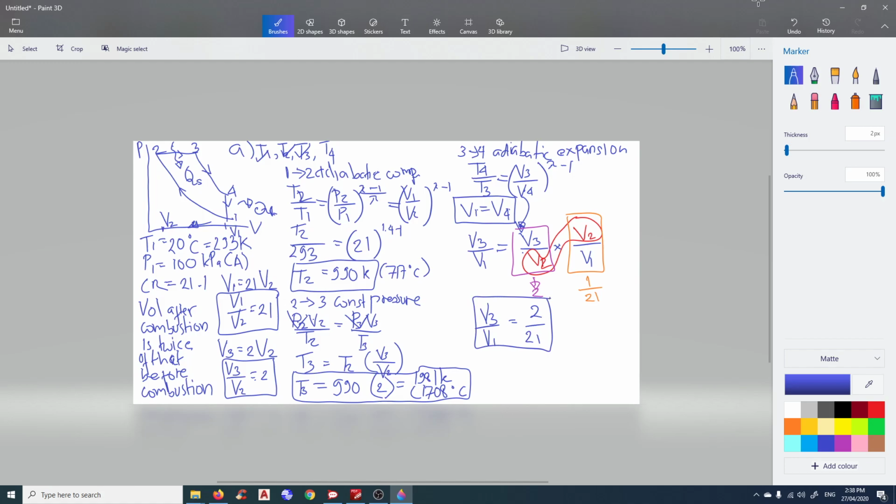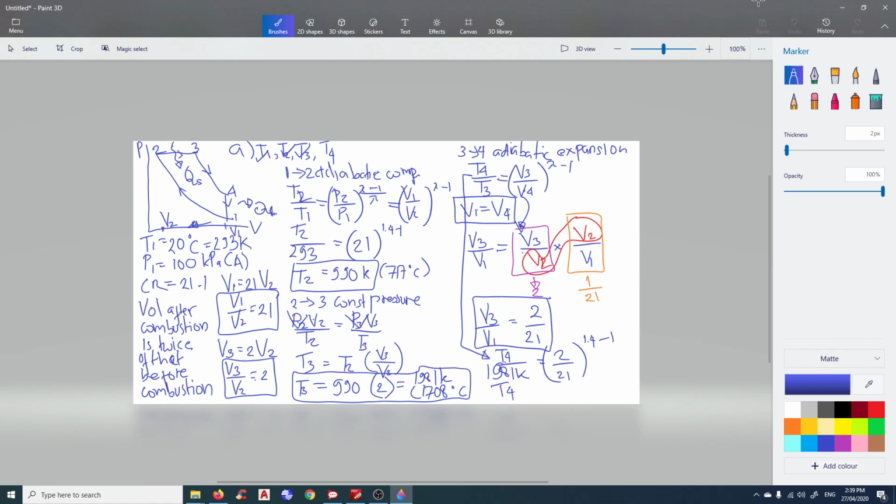Alright, now back into this T4 again. So T4 divided by T3, 1981 Kelvin, equal to 2 over 21 to the power 1.4 minus 1.